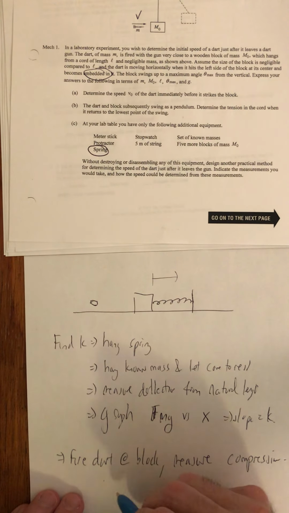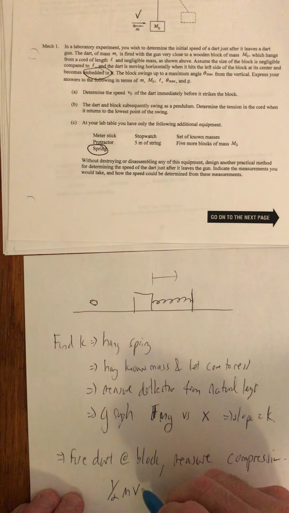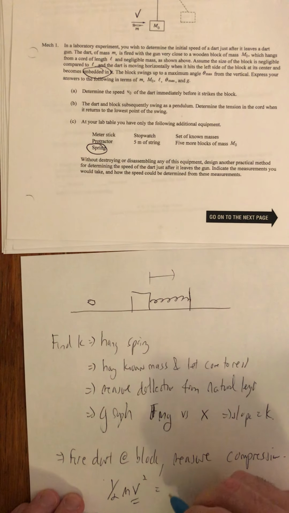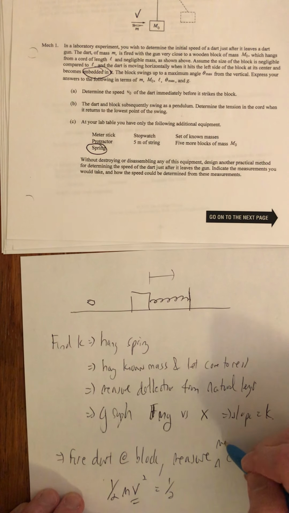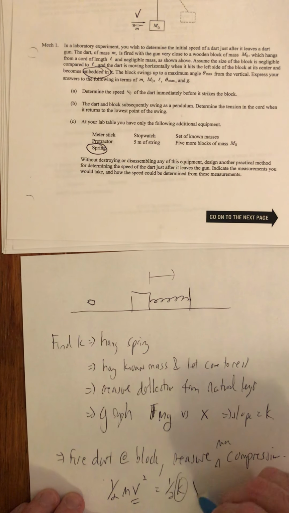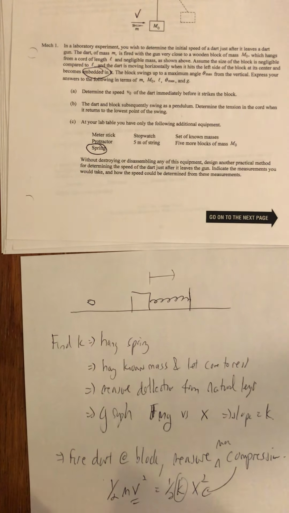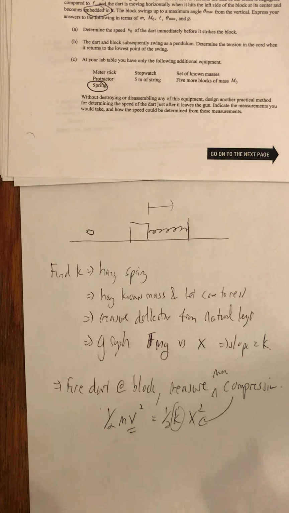Okay, and so this is going to be 1/2 mv squared, which is what I'm looking at, and it ends up being 1/2 k x squared, where x is the max compression and k we now know. Boom, solved. And so that is how we would do it.